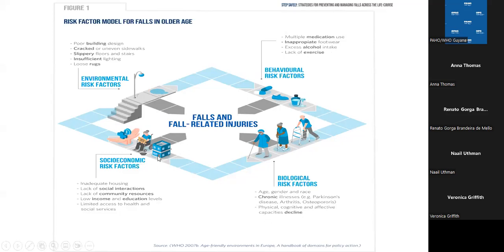And it can be modulated by socioeconomic risk factors like inadequate housing, lack of social interactions, lack of community resources and support, low income and education levels, and environmental risk factors like poor building design, cracked or uneven sidewalks, slippery floors and stairs, insufficient lighting, those rugs.